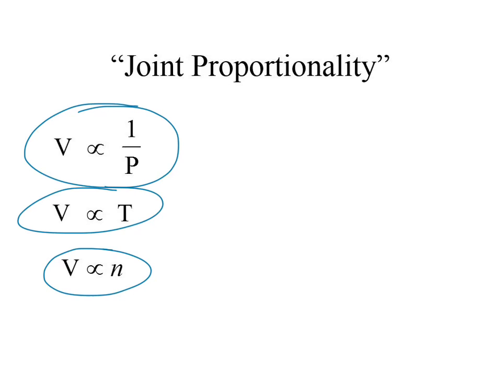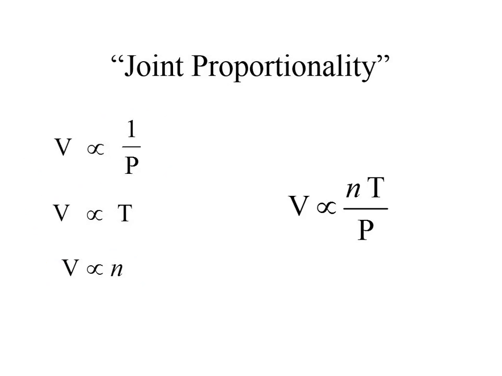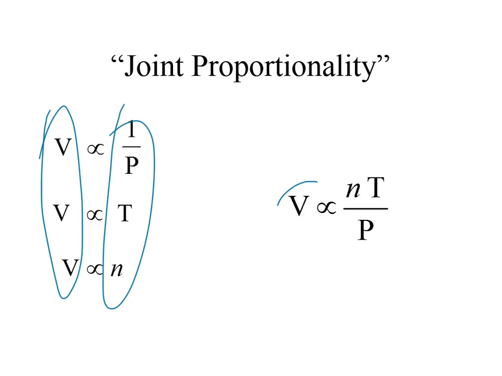Now here's one for you. We can basically combine all of these, they're lined up this way on purpose, to make this. If volume in each of those cases is proportional to this, then volume is proportional to N times T divided by P. Well, you know where we're going with this.